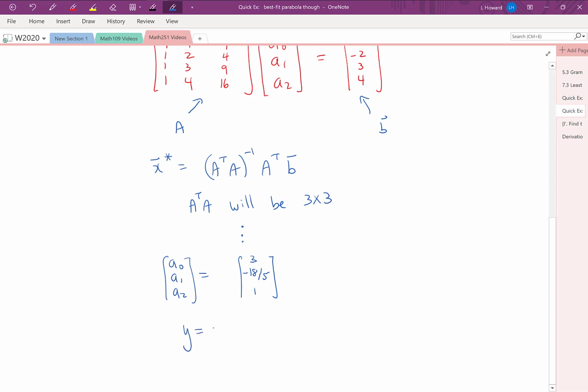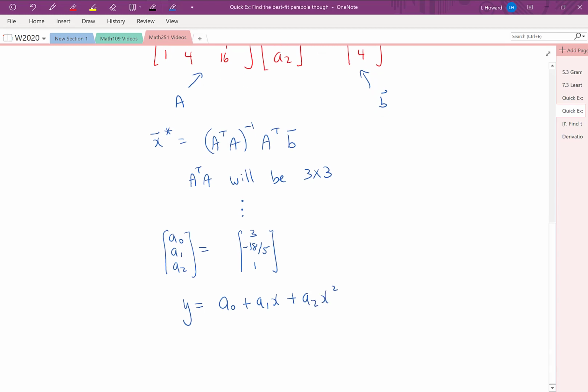So if we call our best fit parabola y equals A0 plus A1x plus A2x squared, then our best fit parabola is y equals 3 minus 18/5 x plus x squared. Best fit parabola through that particular data set.